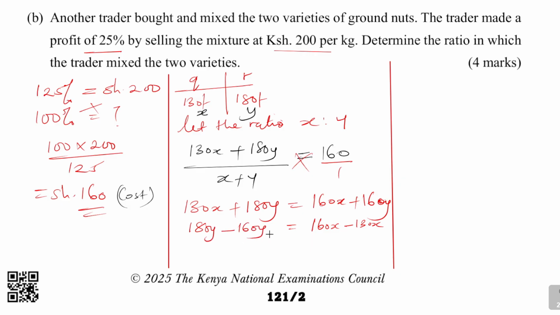So 180y subtract 160y, you get 20y, and 160x minus 130x gives 30x.